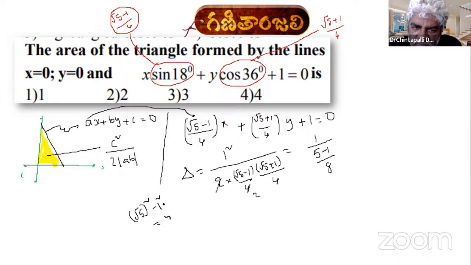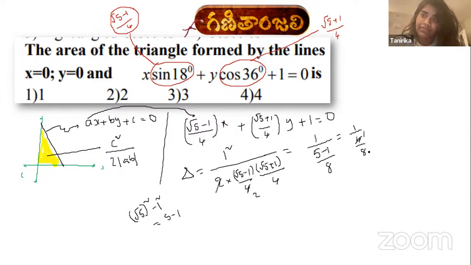Root 5 whole square is 5, 1 square is 1, right? So it is equal to 1 by 4 by 8.